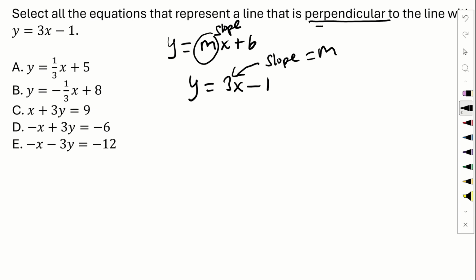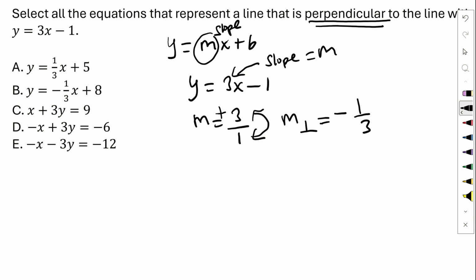So this has to be the slope, or m. Now, for it to be perpendicular, remember what we talked about: if one of the slopes is 3 over invisible 1, which means the slope is 3, then the other slope that's perpendicular has to be flipped and opposite in sign, so from positive to negative. So -1/3. That's what makes it perpendicular.